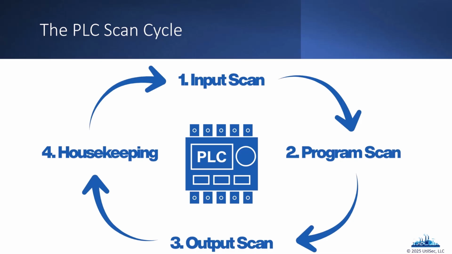Based off of the programming in the PLC, based off of that logic, it knows you need to have the air conditioner on. And with the air conditioner not on right now, when we get to the output scan, this is where the PLC takes any action that it needs to based off of its logic, and it'll send out the commands, the signals, in this case to the air conditioning unit to turn on.